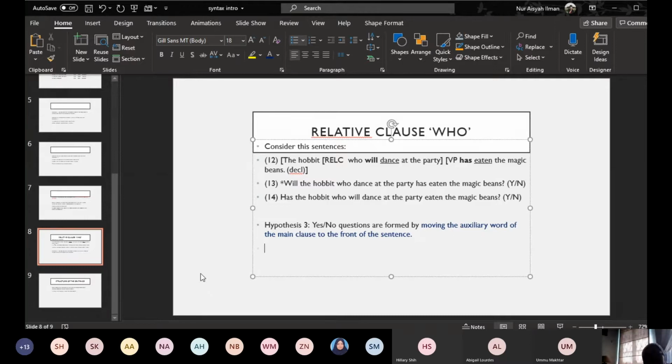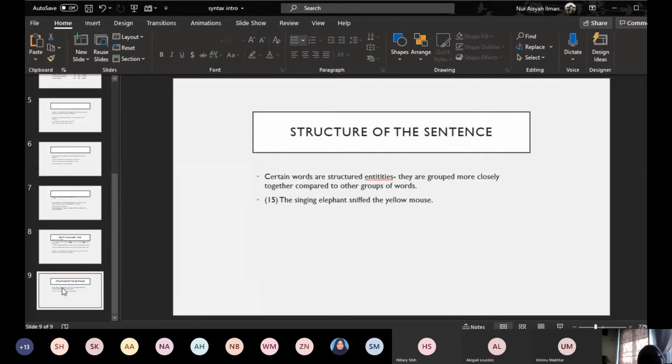That is what we want you to get from the second part. The first part is the scientific method. The second part is syntax. So what is syntax? Basically, syntax is the structure of sentence.